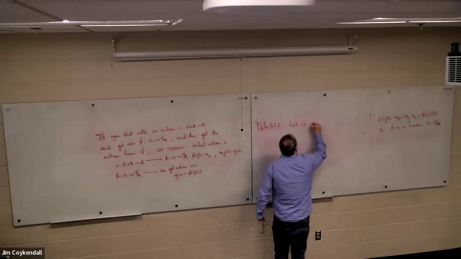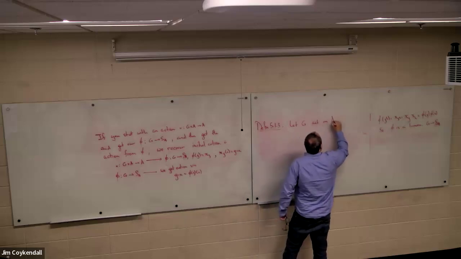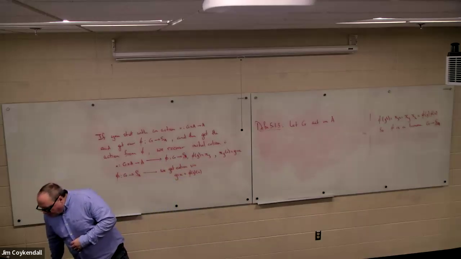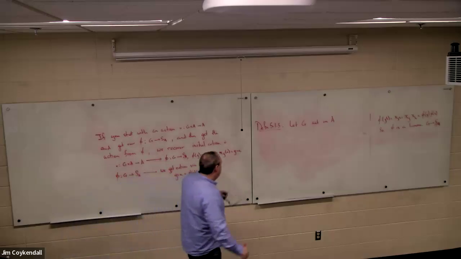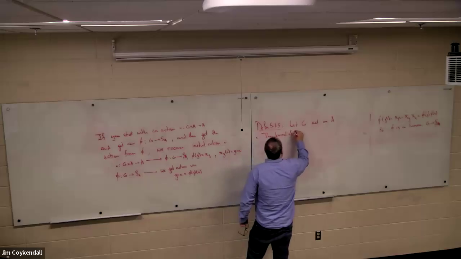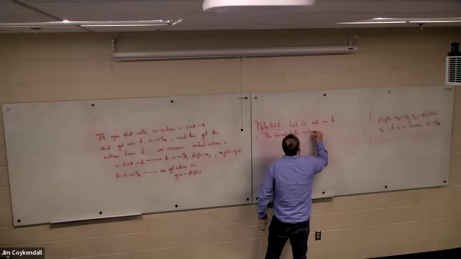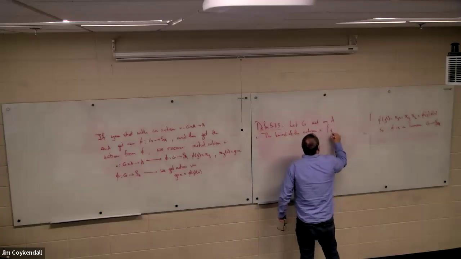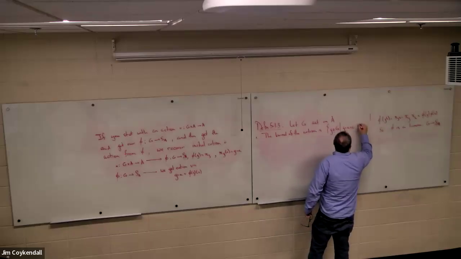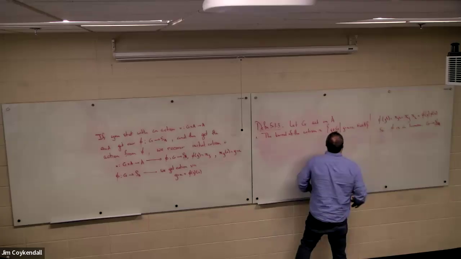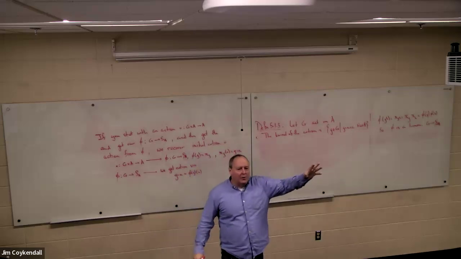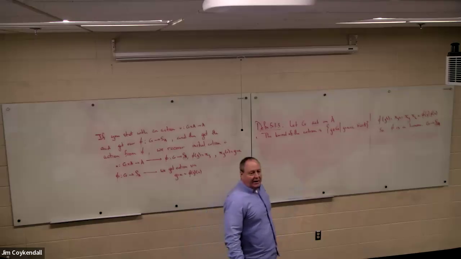Let G act on A. Define the kernel of the action: the set of g in G such that g acting on a is a for every a in A. What the kernel of the group action is, is everything in the group that leaves everything in the set alone.